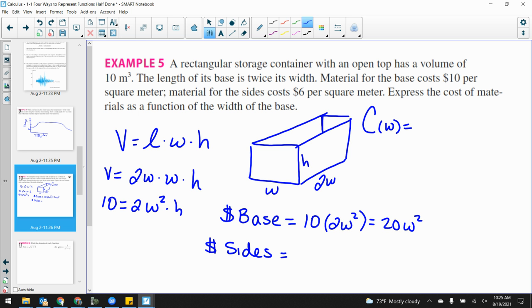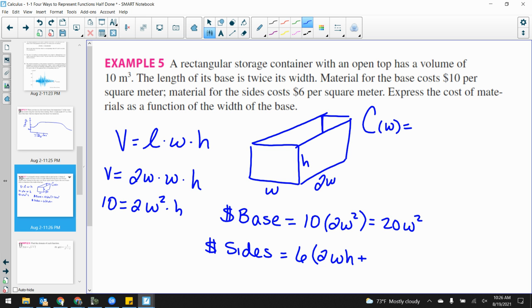The sides are going to cost $6 times the area. So what is the area here? Well, think about the front and back face. The front and back face are both WH, right? That's the area. So I've got two of those. Two WHs.